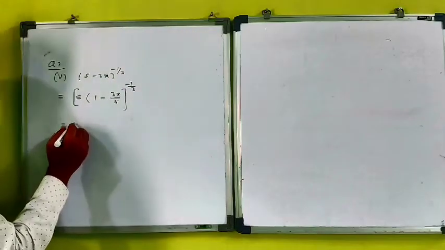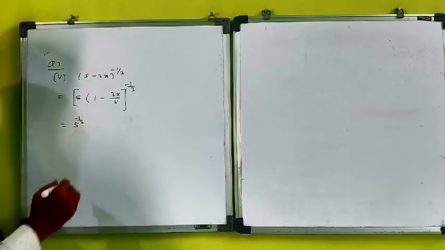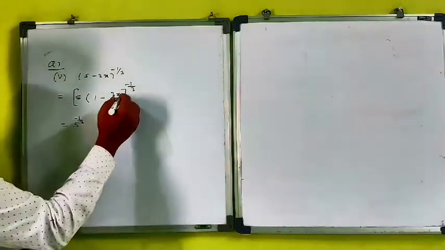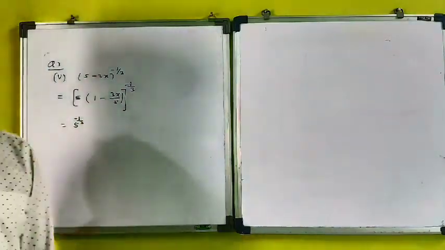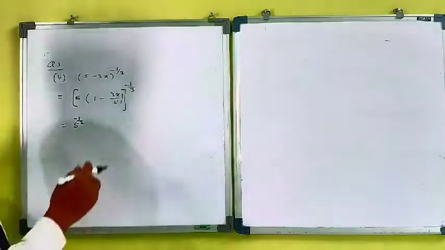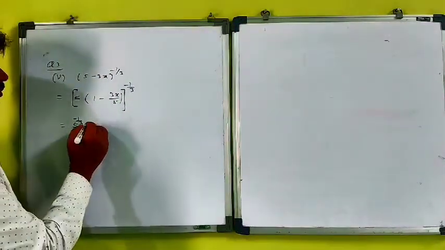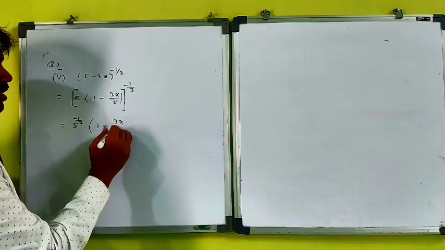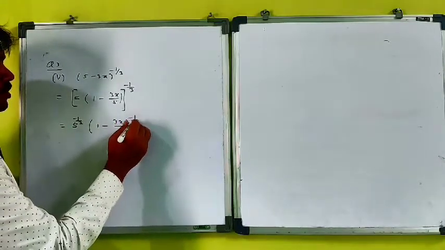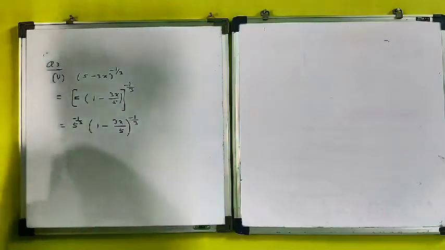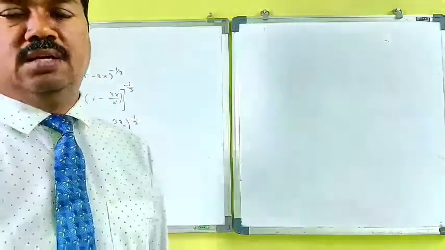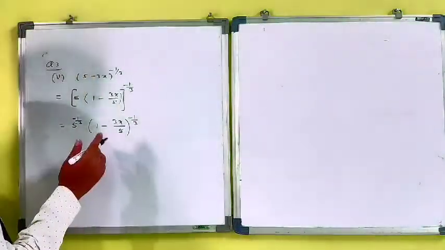So this becomes 5 raised to minus 1 upon 3, times (1 minus 3x upon 5) raised to minus 1 upon 3, and then expand it.